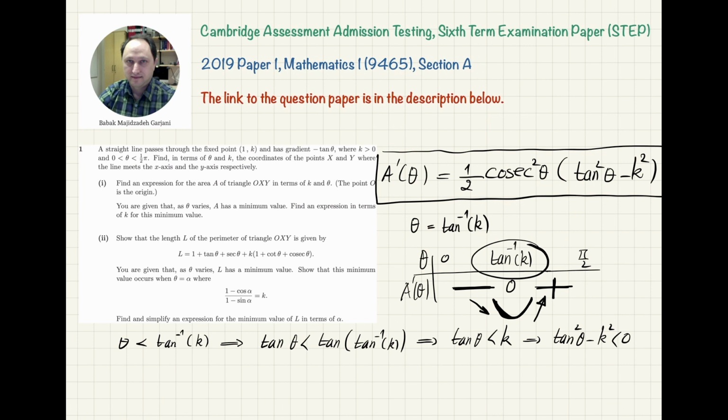Here, find an expression in terms of k for this minimum value. Okay, so I need to plug this value for theta, or equivalently tangent of theta equal k, into the function a theta and try to simplify that. That is the minimum value for me. So it means that I need my function.